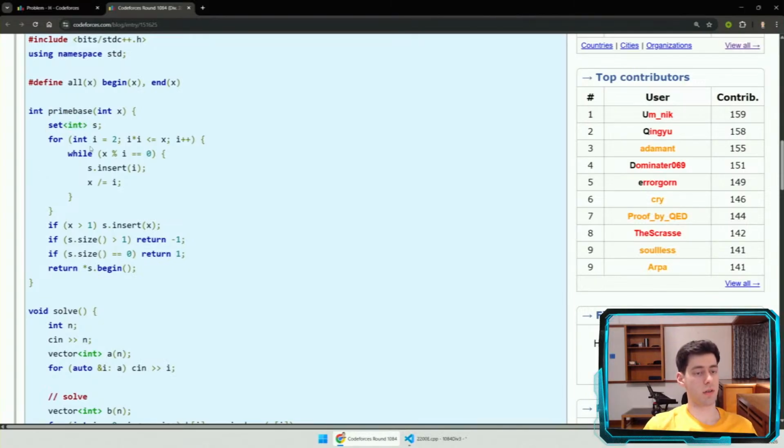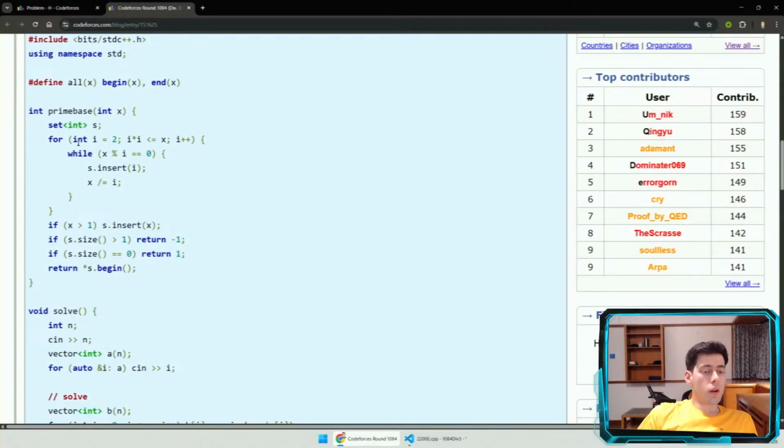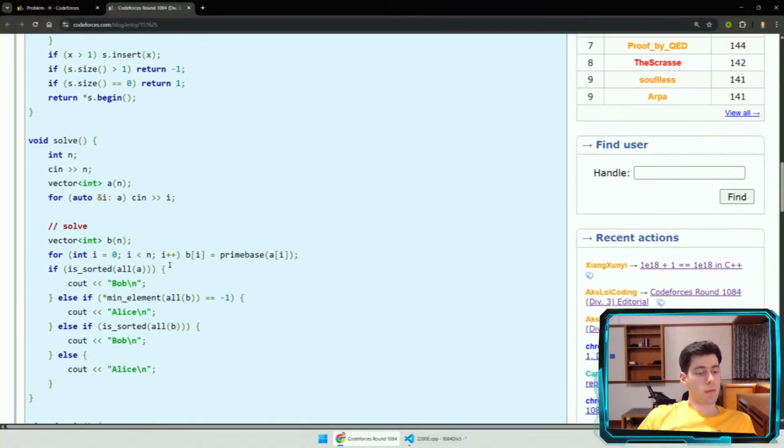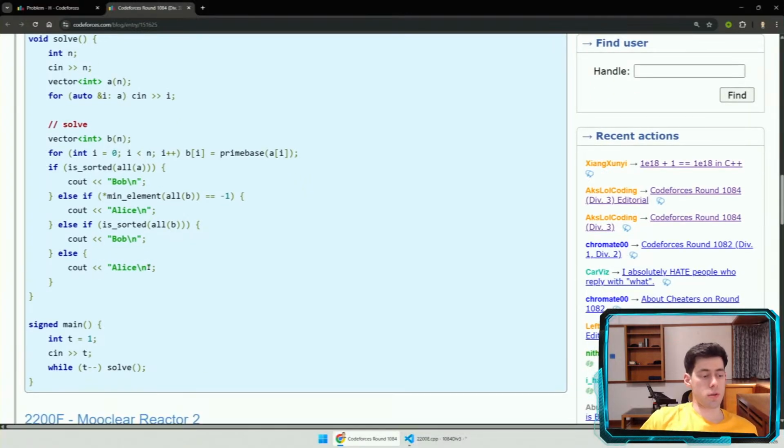Got a set. Oh, they just need the set of primes and not the powers. So I don't actually end up using the powers. Yeah, that's right.